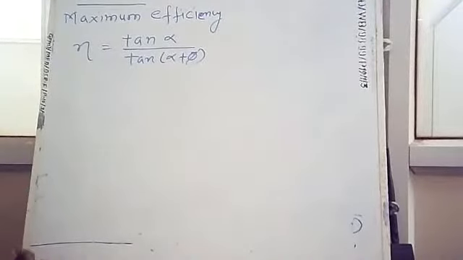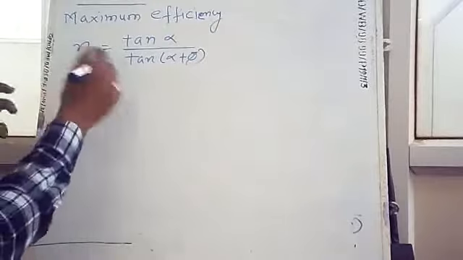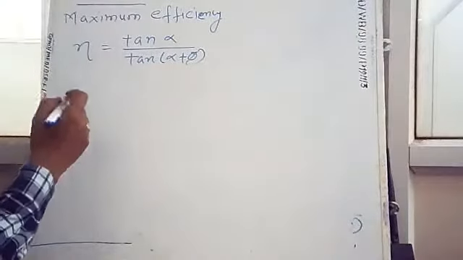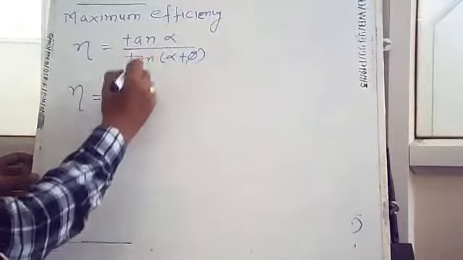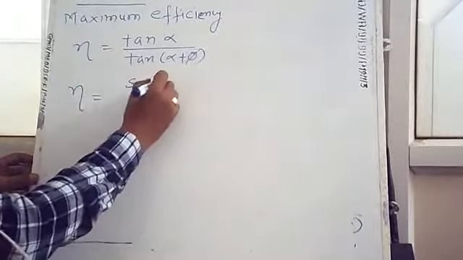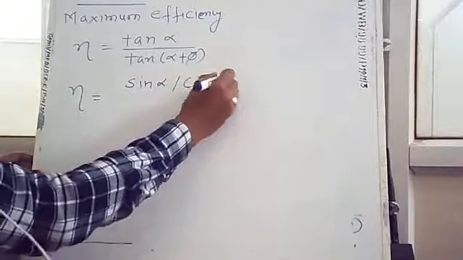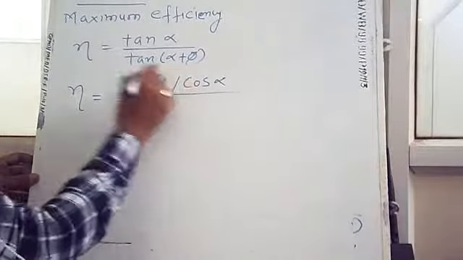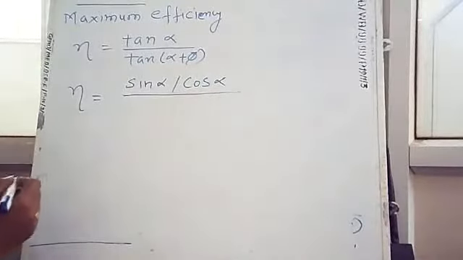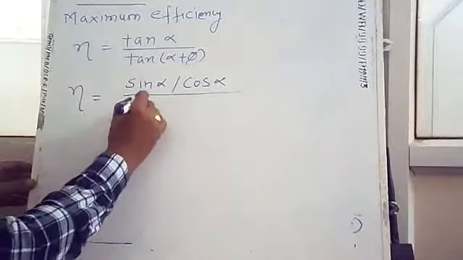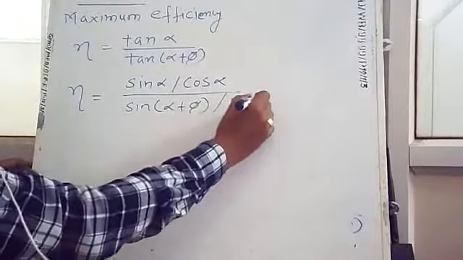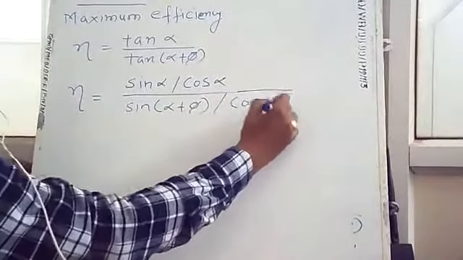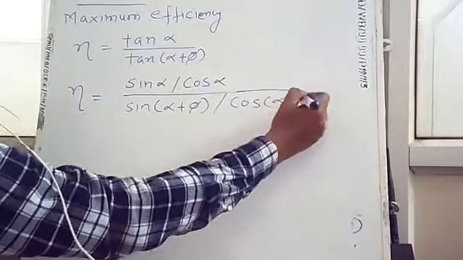Okay. So now let us modify this so that we can get the maximum efficiency. For example, instead of tan alpha, I'll put here sine of alpha divided by cos of alpha. And instead of tan of alpha plus phi, I'll put sine of alpha plus phi divided by cos of alpha plus phi. Okay.